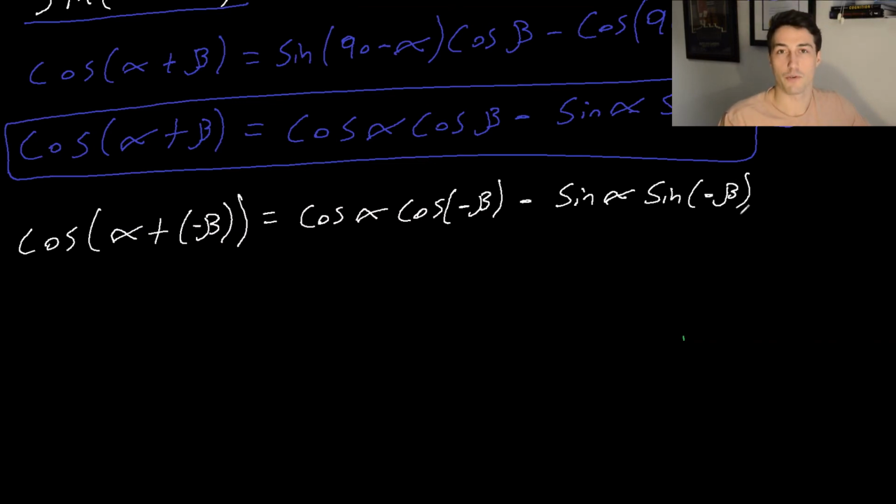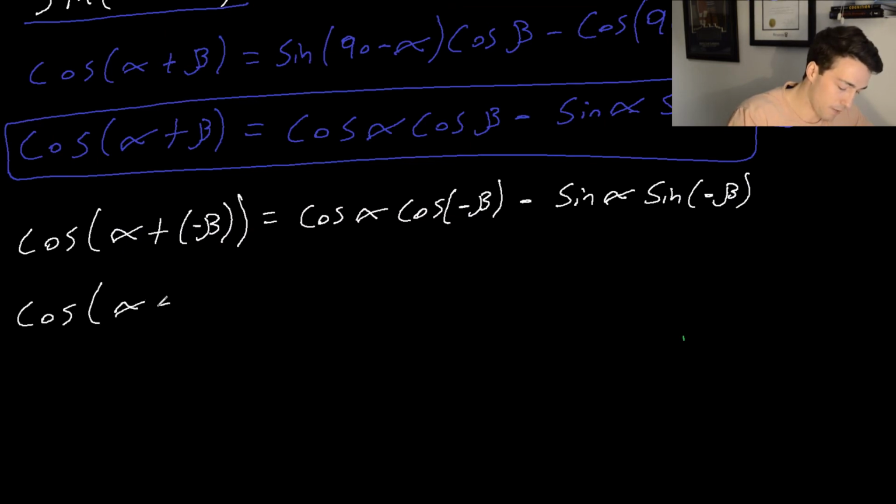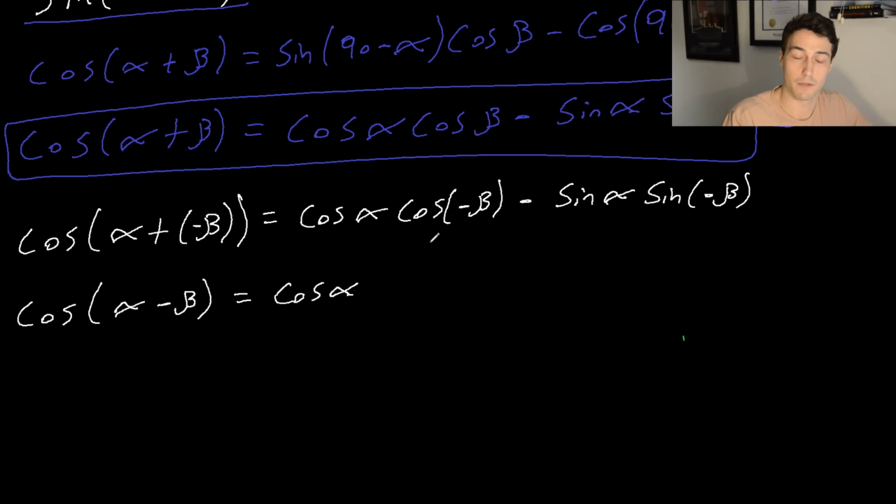So now we can use our even and odd function properties to simplify. So this will just end up being cos of alpha minus beta. And this will equal, well, cos of alpha is going to stay the same, but cos of negative beta, since it has even symmetry, it's an even function, this will end up just being cos of beta. Nothing changes really, just that negative switches to a positive because it's symmetric across the y-axis.